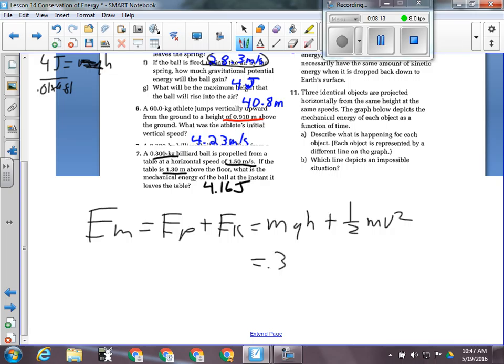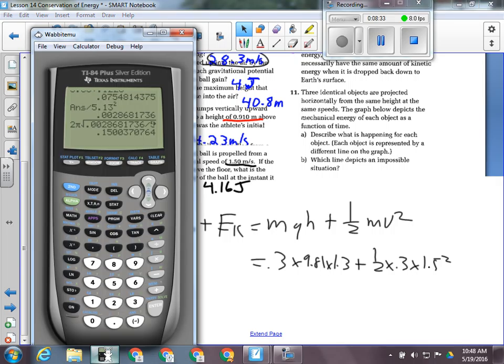It's 0.3 kilograms times 9.81 times 1.3 meters. Okay, that was our height. And we've got 1/2 times 0.3 times 1.5 squared. Right? And when we do that, we should get 4.16 joules. We'll just double check though.